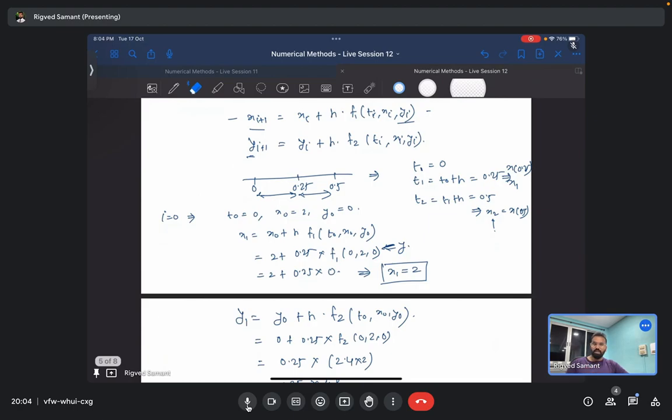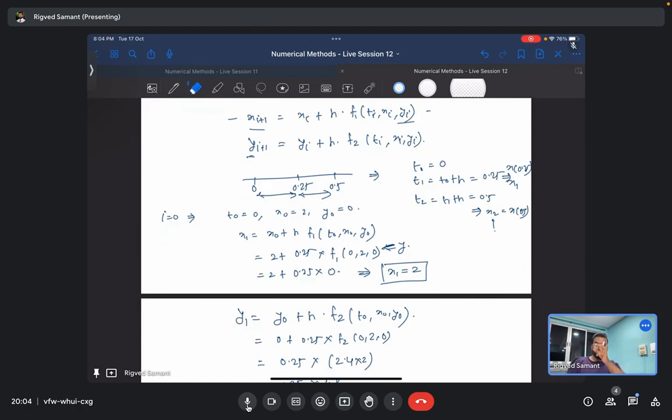Now this logic can be extended to Heun's method. Do you agree with this? So what is Heun's method? In Heun's method we take the average of the k1 and k2 slopes and multiply it with the step size.